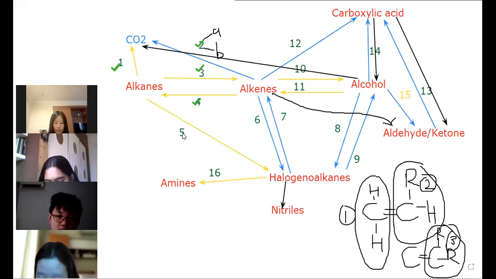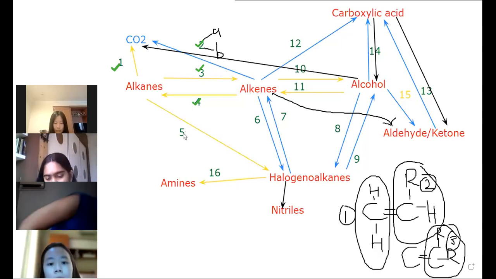Then, Vedika, what is the characteristic of termination? It is the formation of a molecule from 2 free radicals. Okay, thank you, Vedika.